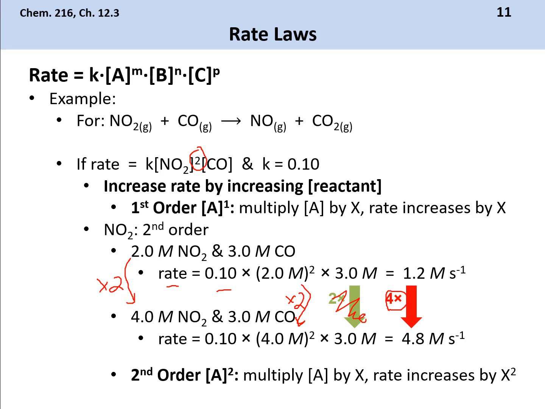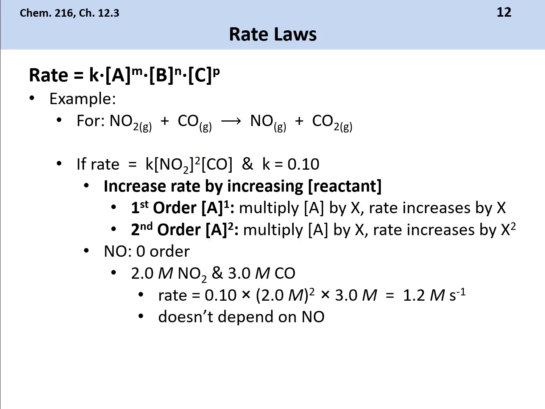Whenever I have something to the power of 2, if I multiply A by x, in this case by 2, my rate increases by 2 squared, which equals 4. So first order, if I double it, my rate doubles. Second order, if I double it, my rate increases by 2 squared.